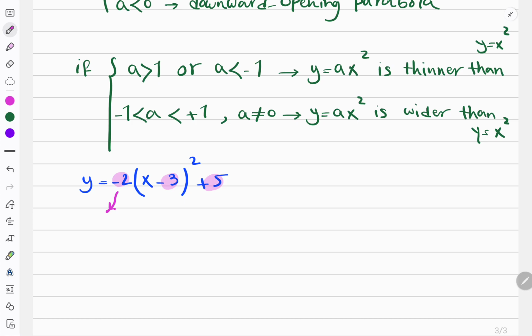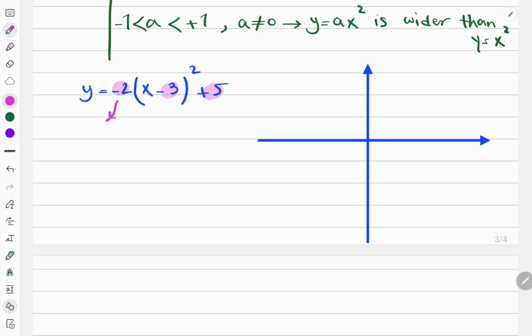So I'm going to teach you how you can graph this. This graph comes from y equals x squared. So the first thing is to draw x squared. And then we should make it thinner and reflect it in the x-axis. But before that, we need to find the vertex.